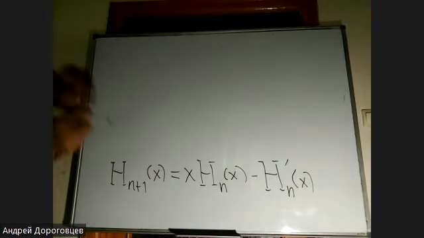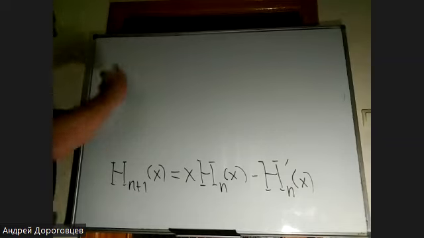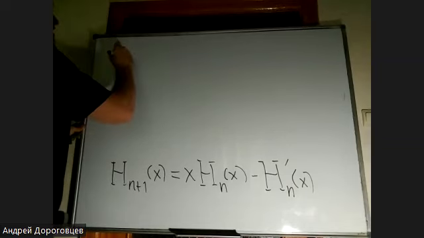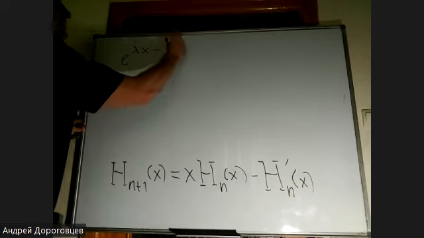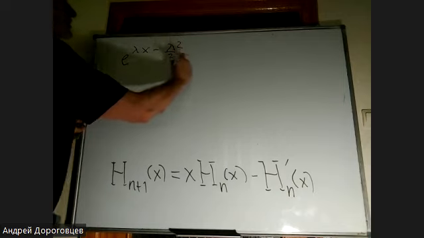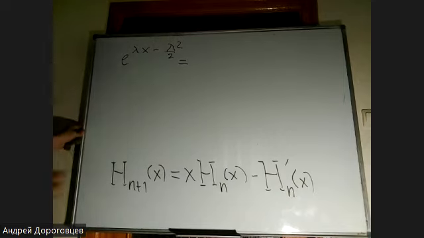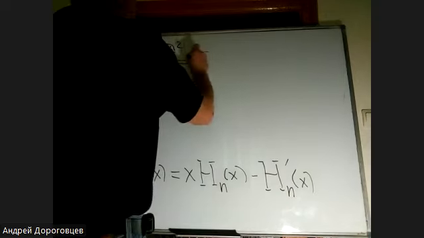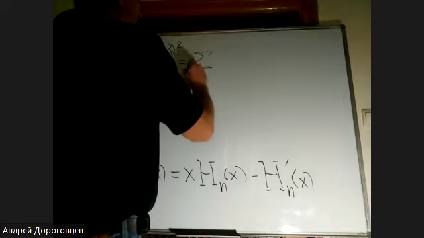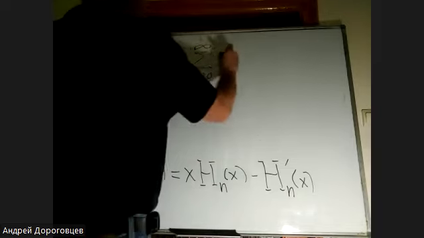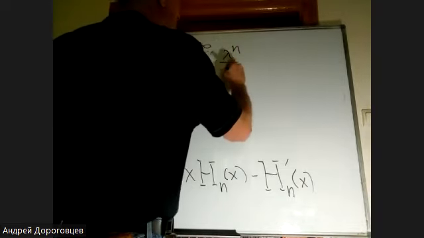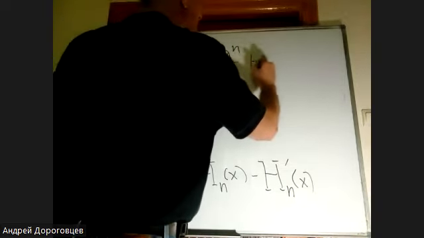I recall to you that we have the following expression: e^{λx - λ²/2} is equal to the sum from n equals 0 to infinity of λ^n / n! H_n(x).